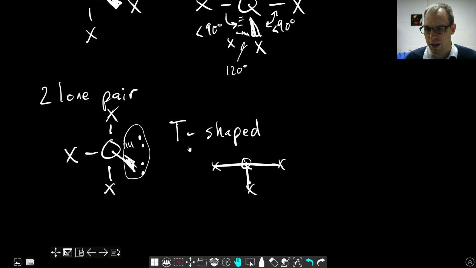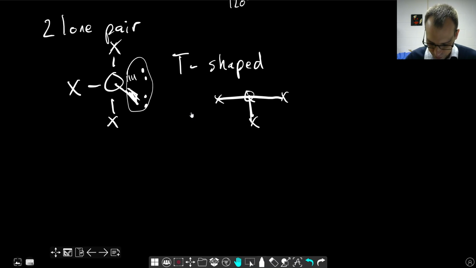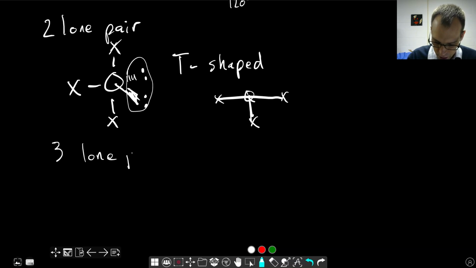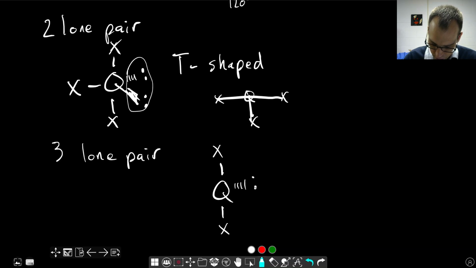We can look at additionally 3 lone pairs. And still, our lone pair is going to add to the equatorial position, not the axial position. So we end up with our Q in the middle, our two axial x's here, and then our lone pairs are going to be all around in the middle here on the equatorial positions.